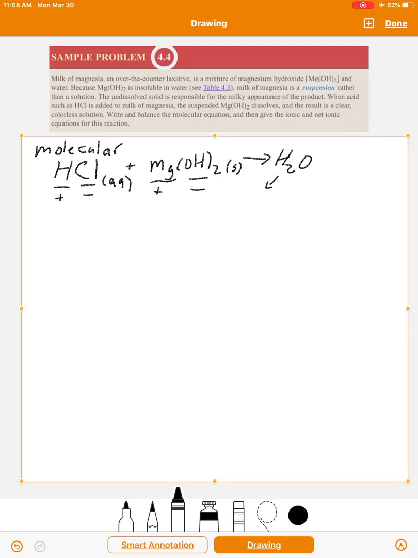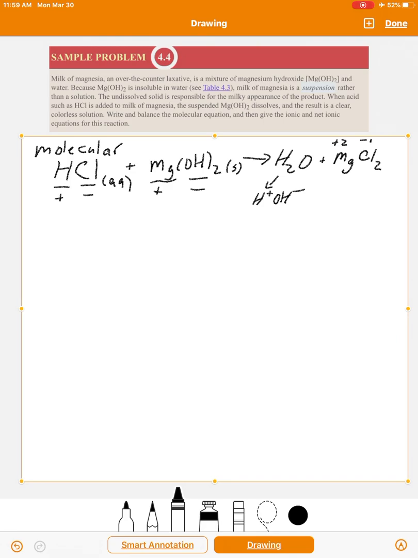You can think of water as H plus OH minus. And then the magnesium is the plus, that's going to go with the chloride. Going back to the periodic table, magnesium has a charge of +2, chloride has a charge of -1, so we need 2 of the chlorides to balance that charge.